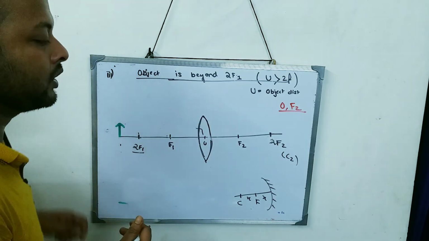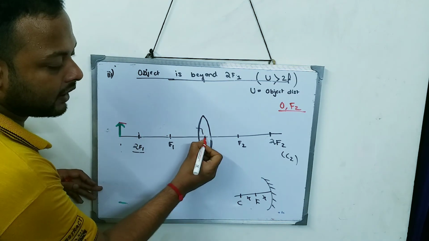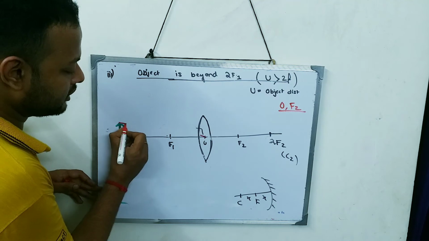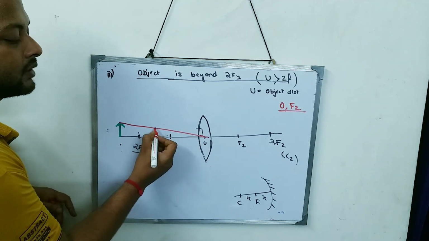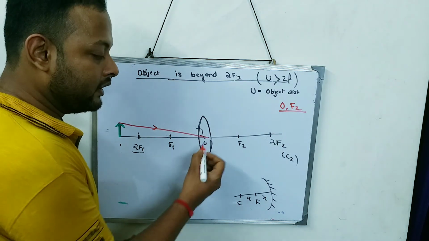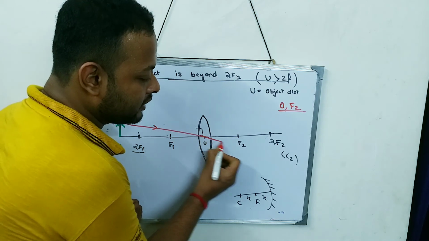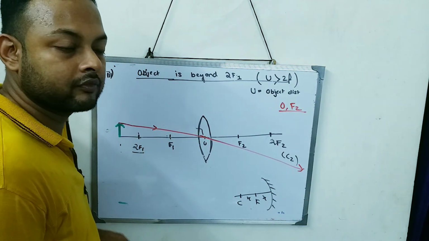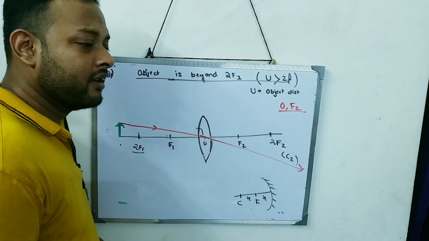How will I do it? The first ray starts from the head and passes through the optical center, something like this. We know any ray which is passing through the optical center will pass undeviated, so it will pass straight. The second one has to pass through F2.